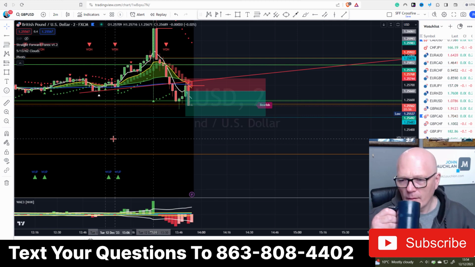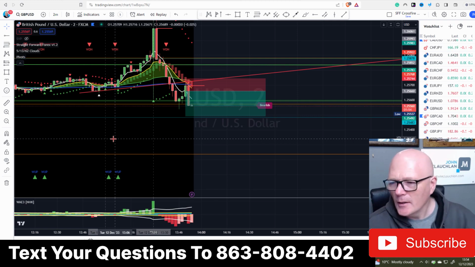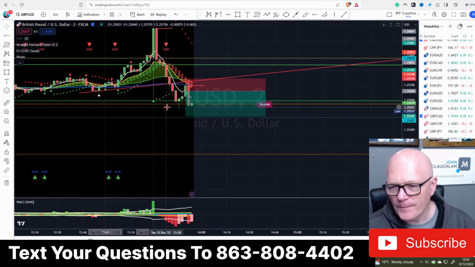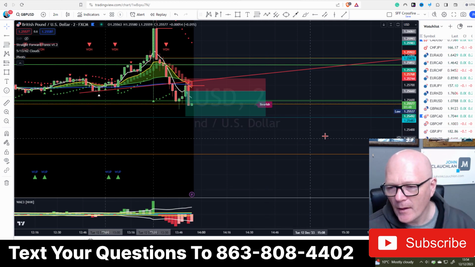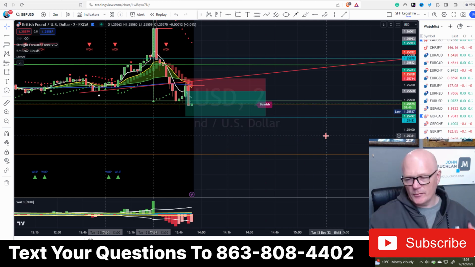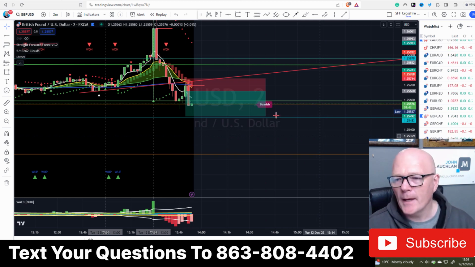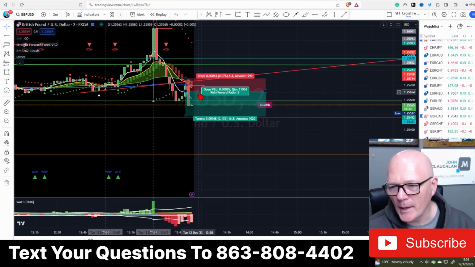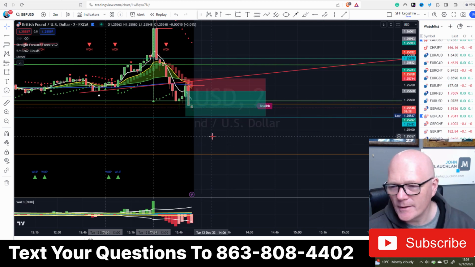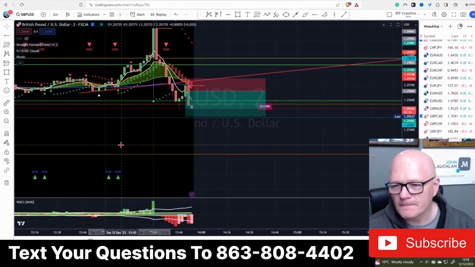Now we're in a position where we've gone through this pivot line, a very significant area, but it's still acting as resistance. It went through it, but it's kind of bouncing off. Is it going to bounce and come up? I think this is still going to come down for the downside.